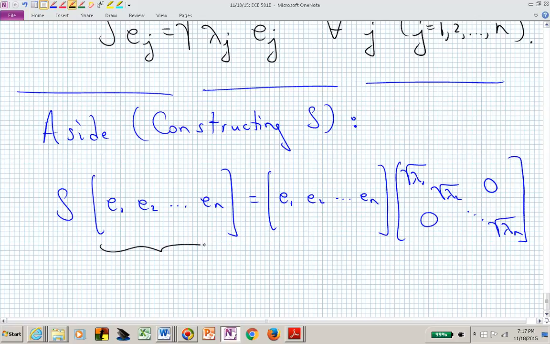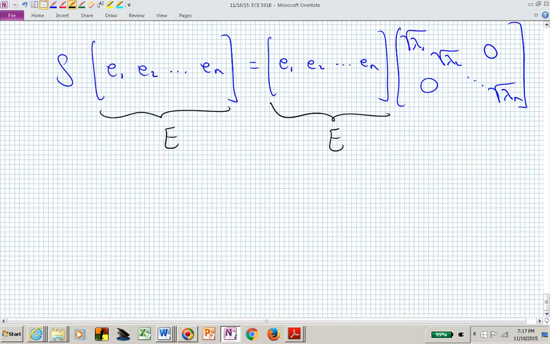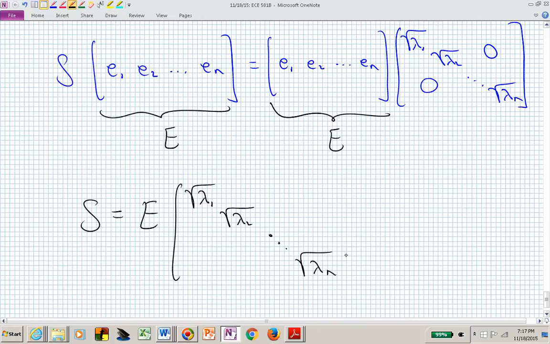If we call this matrix E and this matrix E, now do you see that in fact we can create S by taking E, and we have this diagonal matrix made up of the positive square roots of these eigenvalues of the original operator.